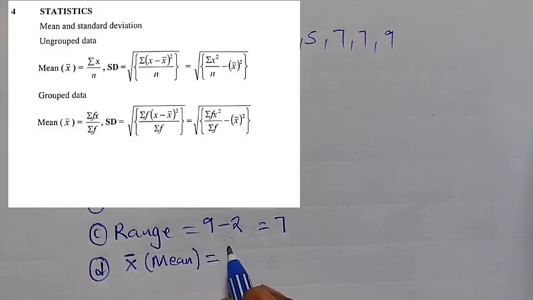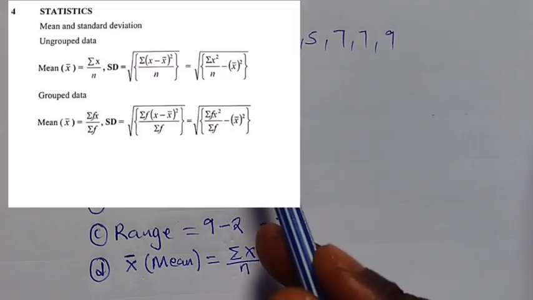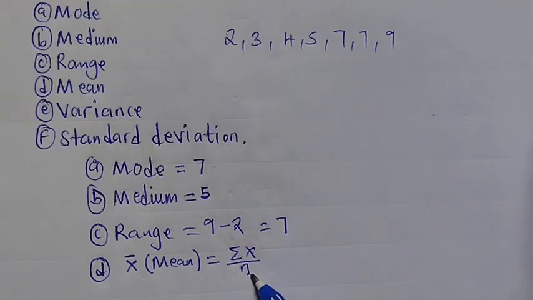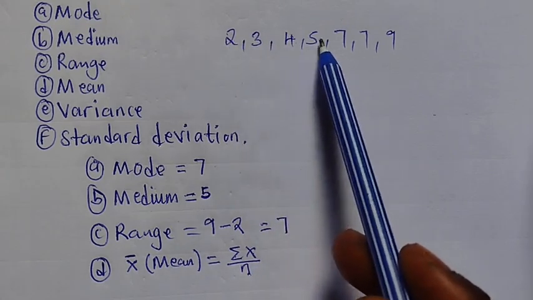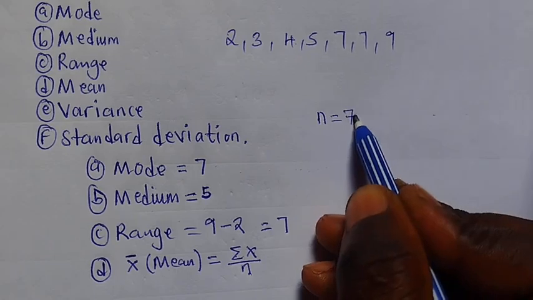So mean is equal to the summation of x over n. The summation of x means these data values that we have, which we call x. And this n is the number of data values that we have. In this case, 1, 2, 3, 4, 5, 6, 7, so our n is equal to 7.